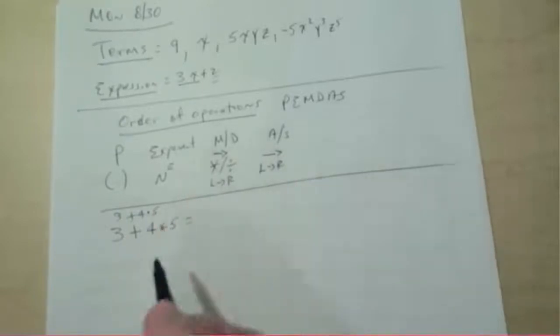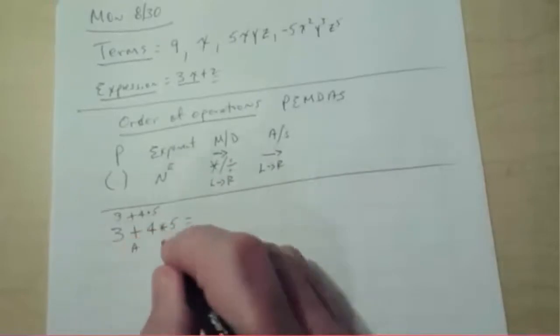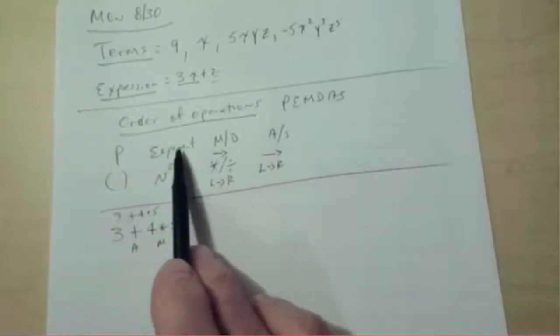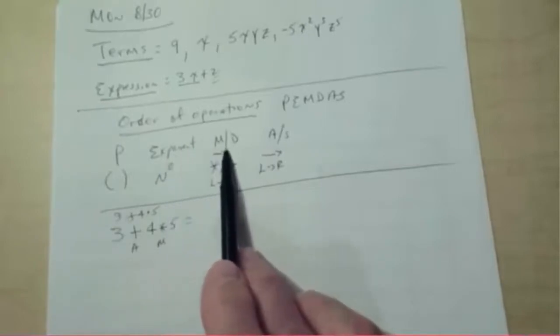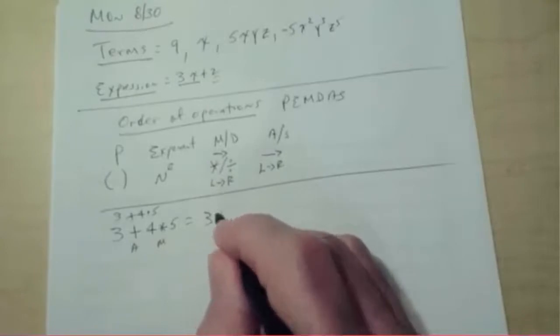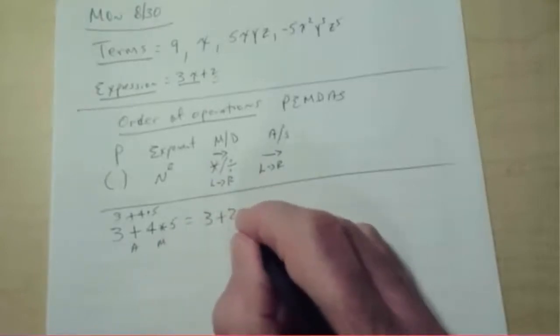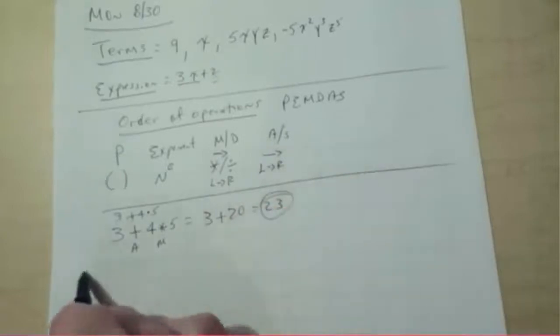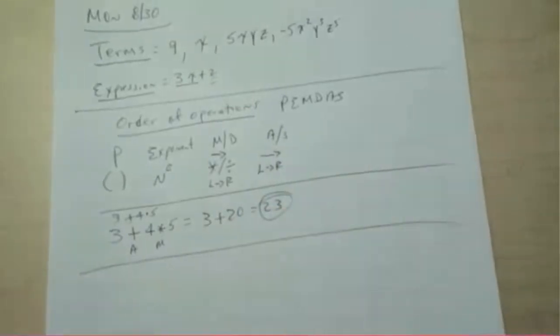Now, which one do we do first? Here we have addition. There's multiplication. We don't have any parentheses. We don't have an exponent, but we do have multiplication. So we're going to do that first. 4 times 5 is 20, so this is 23. Okay, everybody got the idea here?